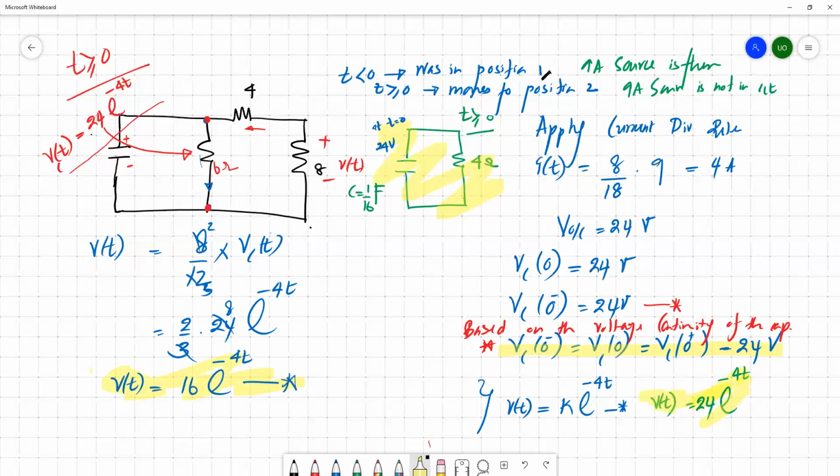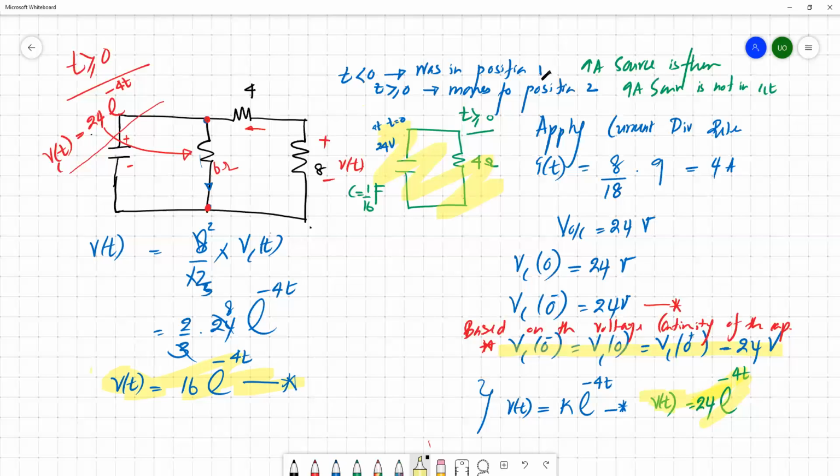So that's why we start from the capacitor and step into the voltage across the other elements. We cannot evaluate the initial condition for the resistors. The initial conditions are valid only for capacitors and inductors. So we basically focus on the voltage across capacitors and inductors.